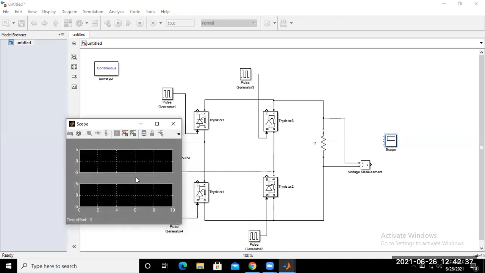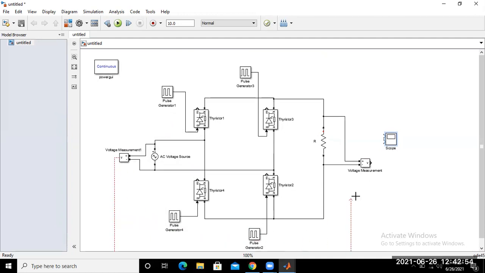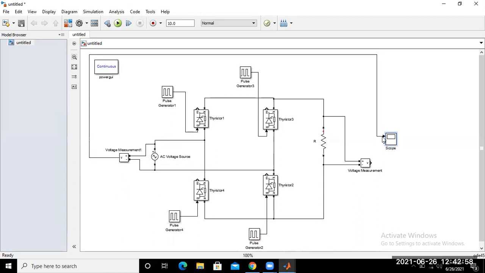So 2 axes are created here. Now connect this voltmeter output to this scope and this voltmeter output to this scope. Okay, so it is completed.